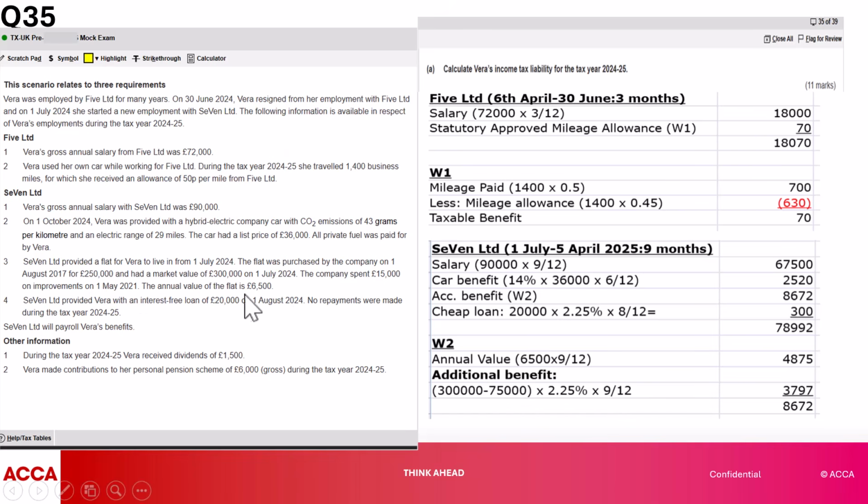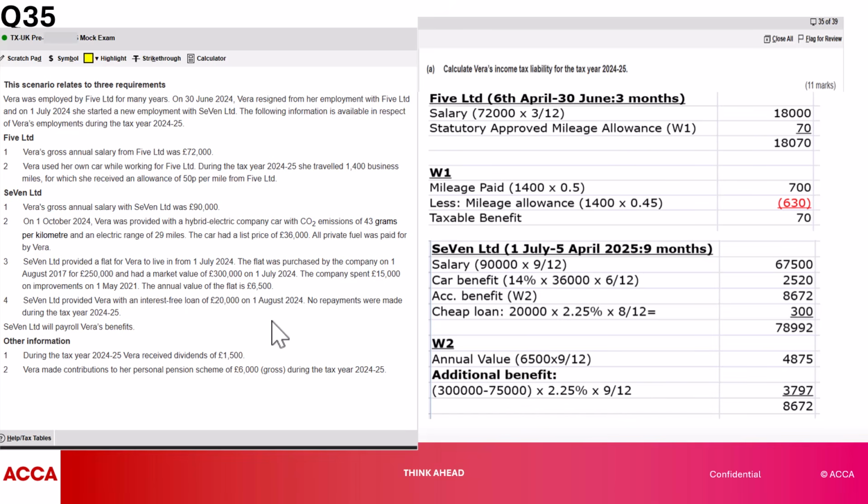Now, please note, together with the purchase cost, you'd normally add any subsequent improvements done before the start of the current tax year. Now, if you take the market value, you add the improvements that are made from the start of the tax year onwards.